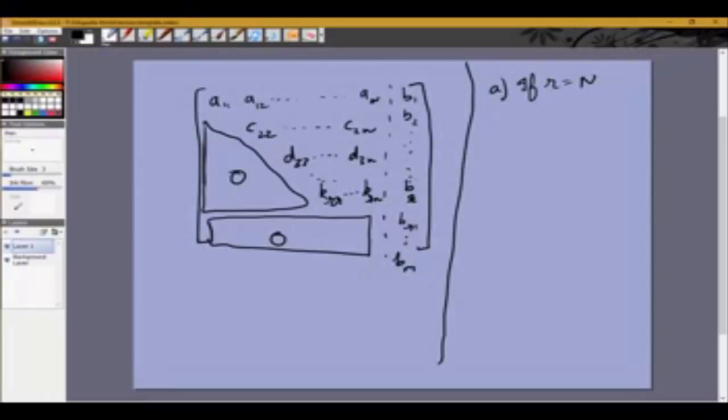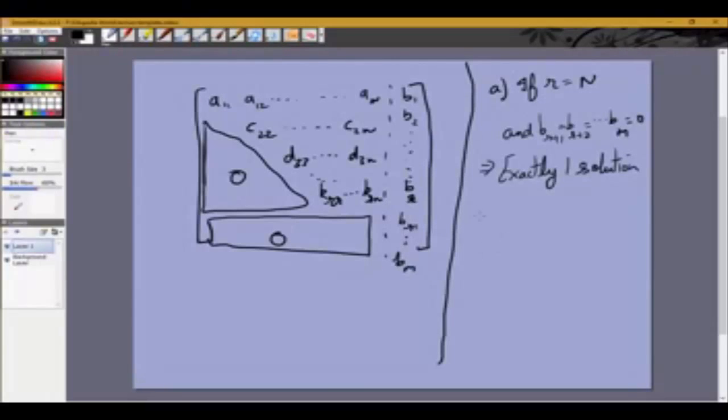If R is equal to N and BR plus 1 is equal to BR plus 2 is equal to dot dot dot BM is equal to 0, that is the best possible case, and that is the case when you have exactly one solution. Right, because these terms will be 0, so you'll have 0 equal to 0, which is consistent. This will be KRR, so you'll get this variable directly, and you can get the others by back substitution.